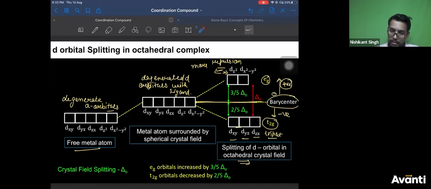Is that clear, Chetan? Now you can write it in decimals also. This is plus 0.6 delta O, and we generally use this only. This is minus 0.4 delta O. Now what is the meaning of it?